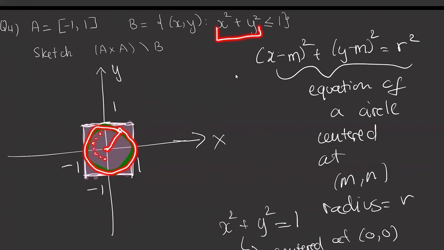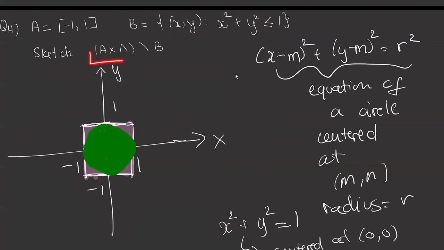So everything inside this circle is nearer to the origin than anything on the green line, right? Everything in here is nearer, the distance is smaller. So when it says less than or equal to 1, it actually means everything inside the circle. So this is how the set B looks.